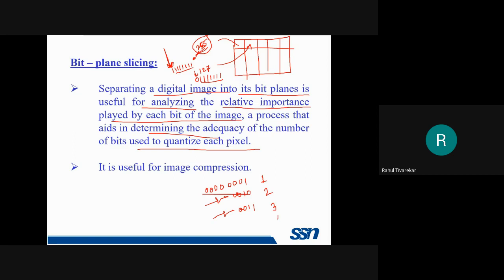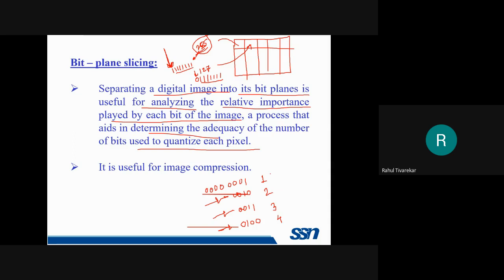Let's say one more, a 4, which will be represented as 0 0 0 0 0 1 0 0.